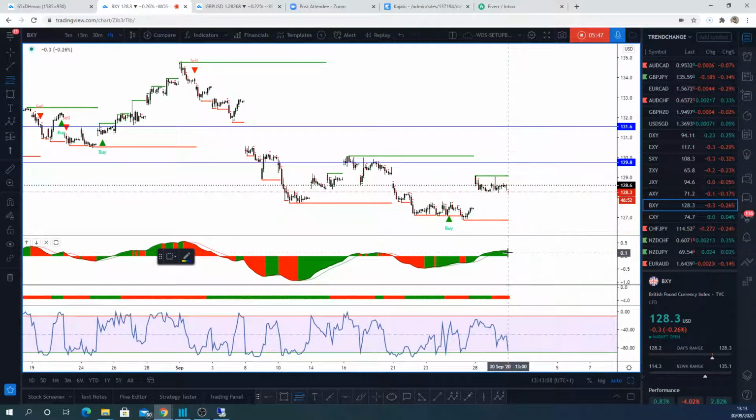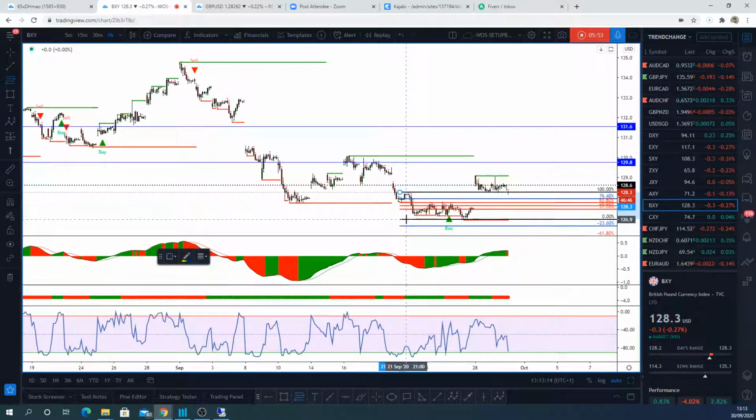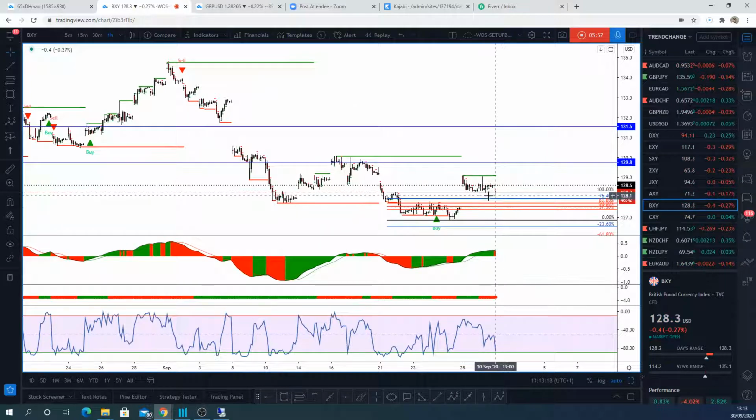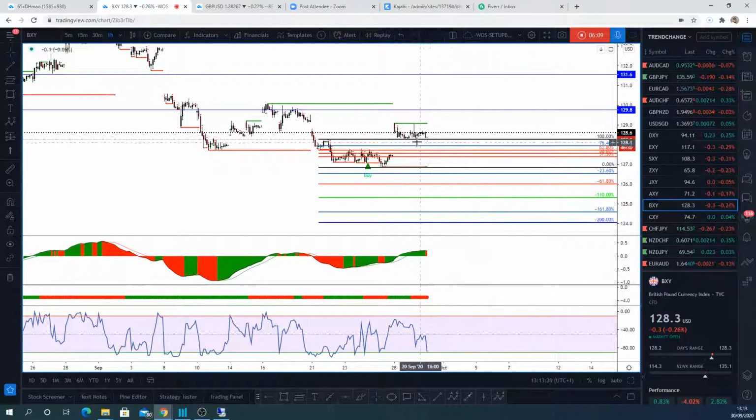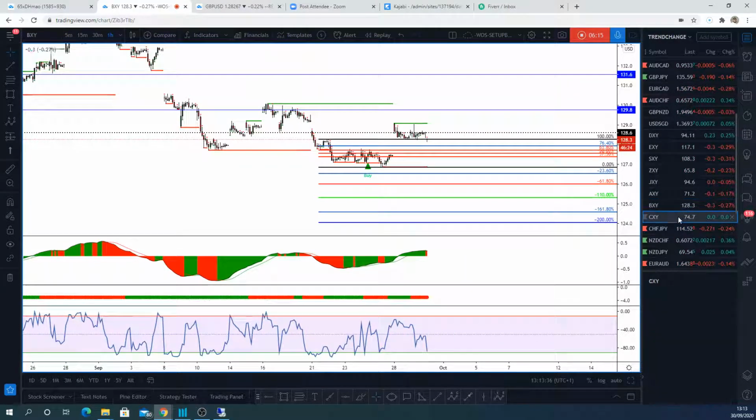This is actually a good one. Okay, that's the first extension, 124.60. So pound this week, if it continues to stay below where it is, we should be expecting lower prices in pound.